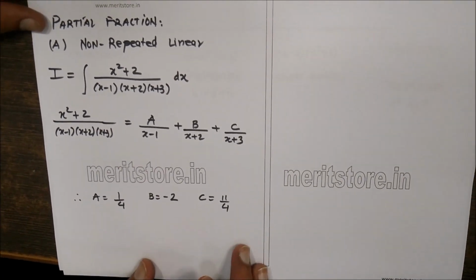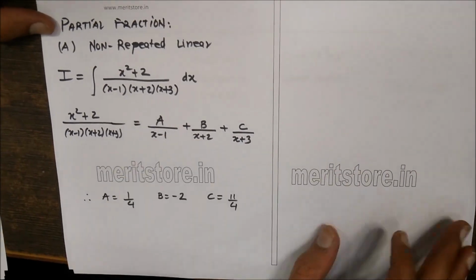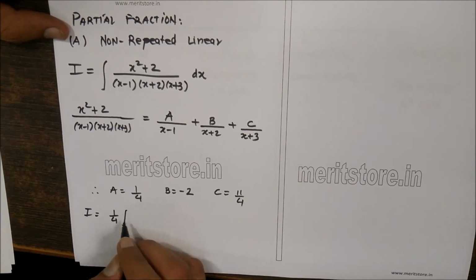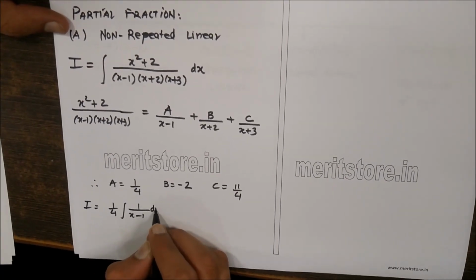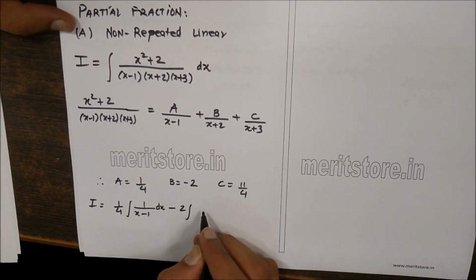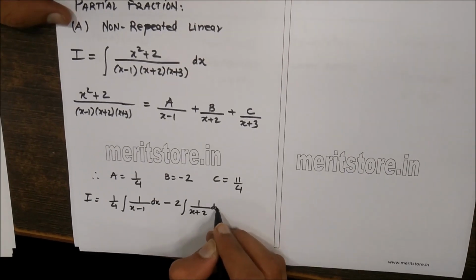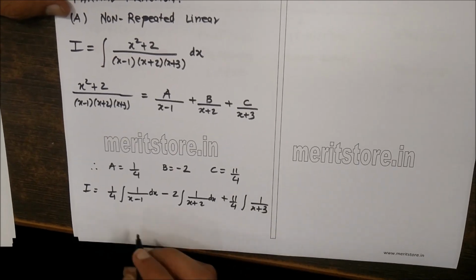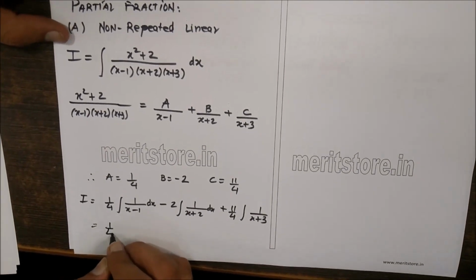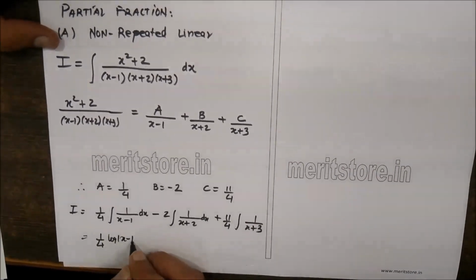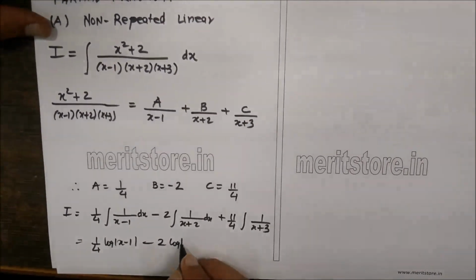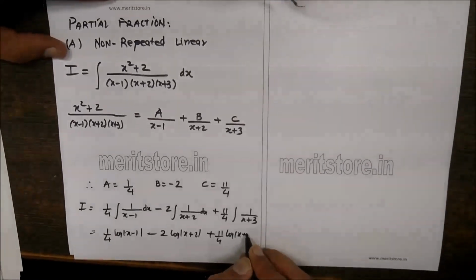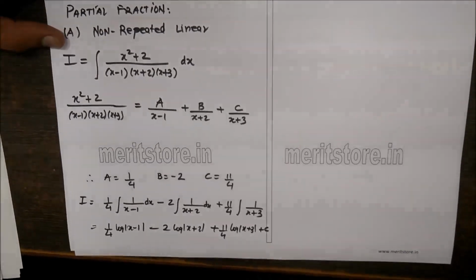Once we obtain these values, we are going to substitute in the integral, and the integral will convert to 1/4 of integral of 1 upon x minus 1 dx minus 2 integral of 1 upon x plus 2 dx plus 11 upon 4 integral of 1 upon x plus 3. Applying the formula, our final answer would be 1 by 4 log mod x minus 1 minus 2 log mod x plus 2 plus 11 upon 4 log mod x plus 3 plus c.